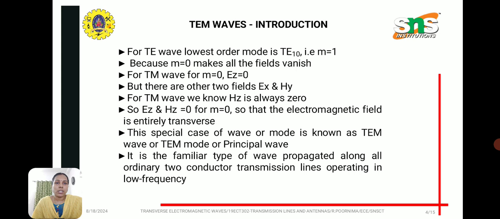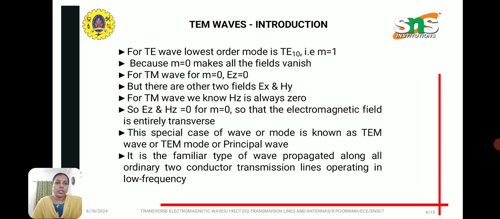For the TM wave, for m equal to 0, Ez equal to 0, but there are two other fields, Ex and Hy. For the TM wave we know Hz is always 0. So Ez and Hz equal to 0 for m equal to 0.